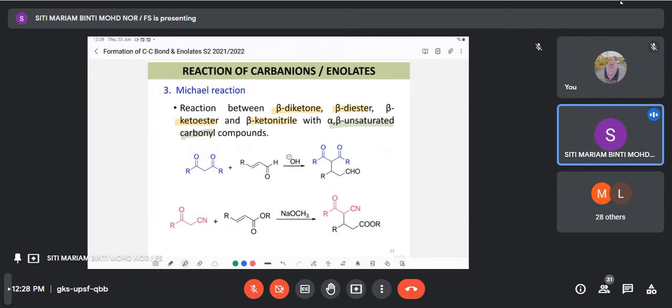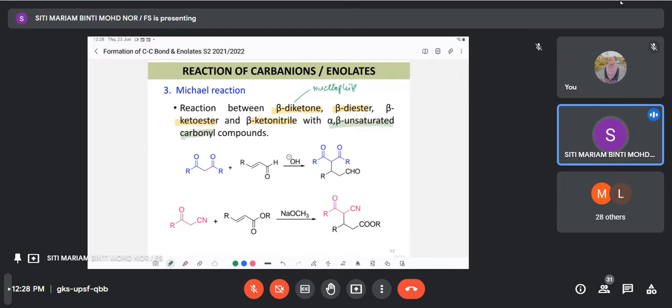For this reaction, the diketone, diester, ketoester or ketonitrile, the yellow one, will act as the nucleophile in your reaction. Because we use different structures, you should know which one is the nucleophile and which one is the electrophile.